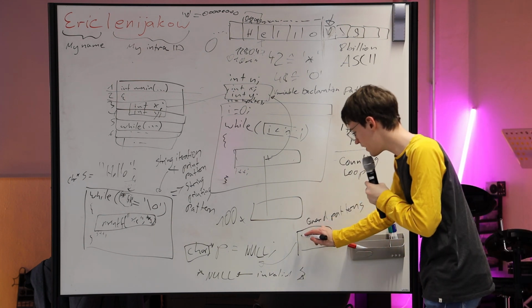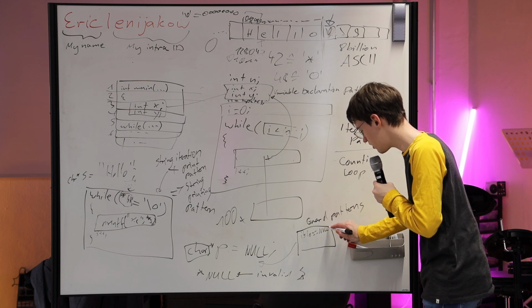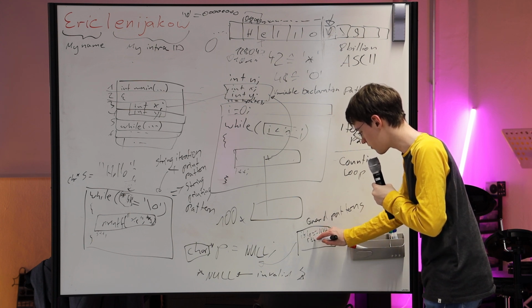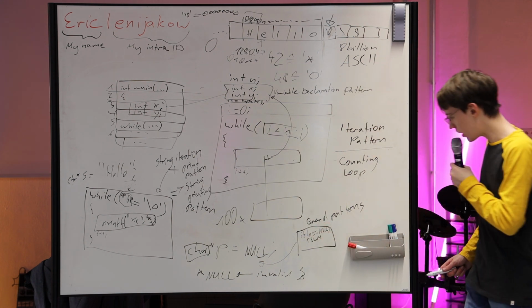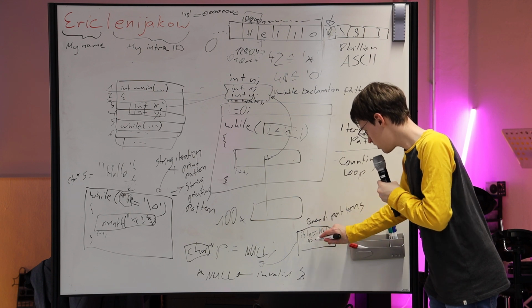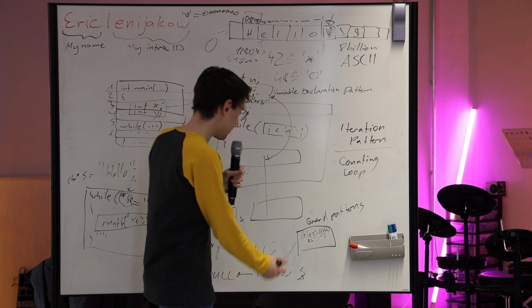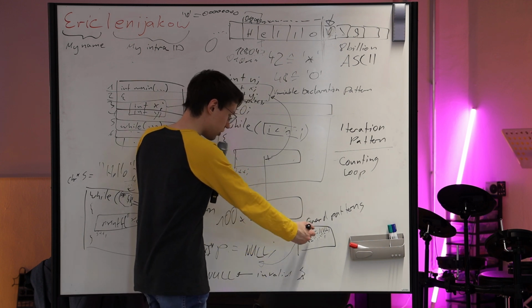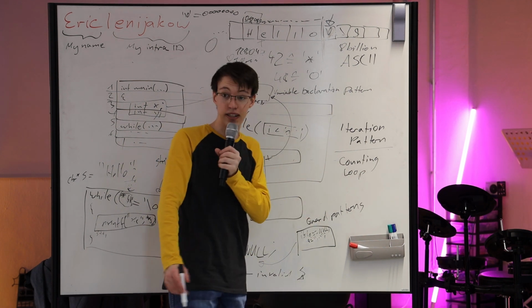So for example, it can say if p is equal to NULL, what we're going to do is return. Or we're going to do something else, print an error, or make p equal to something that makes sense. Maybe set p to a string, whatever, I don't know. You decide. But in the end, you check if an error condition happens, and if it does, you do something to rectify this.